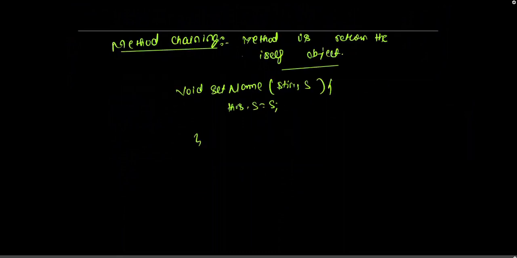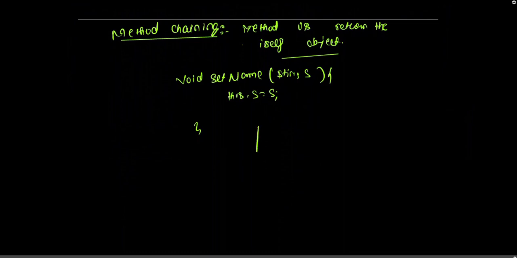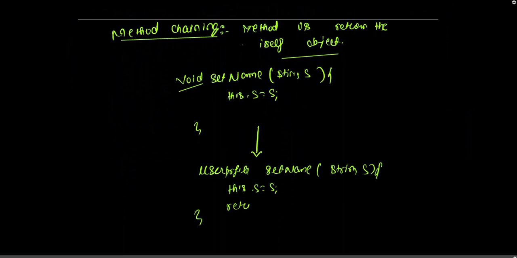For setting the name, but the method chaining changes it, like here we are writing the class name. What is the class name? Let's say the class name is user profile, and set the name. After that same thing we are passing it here, this dot name equal to s. Here they are returning the object.